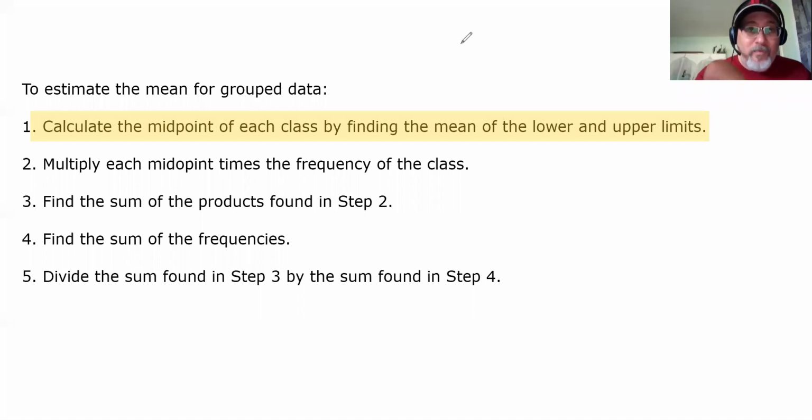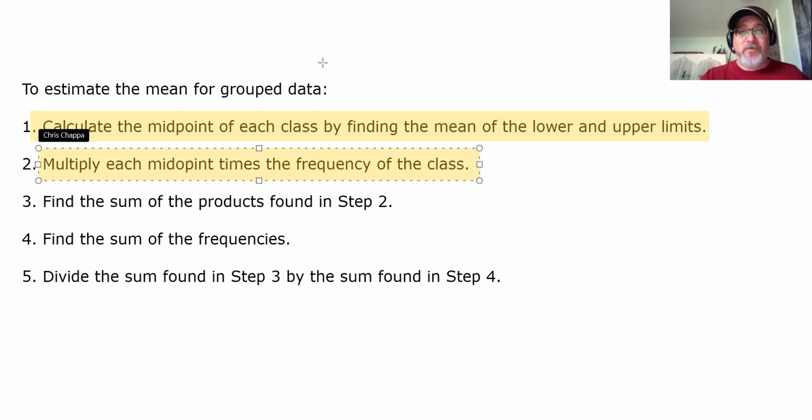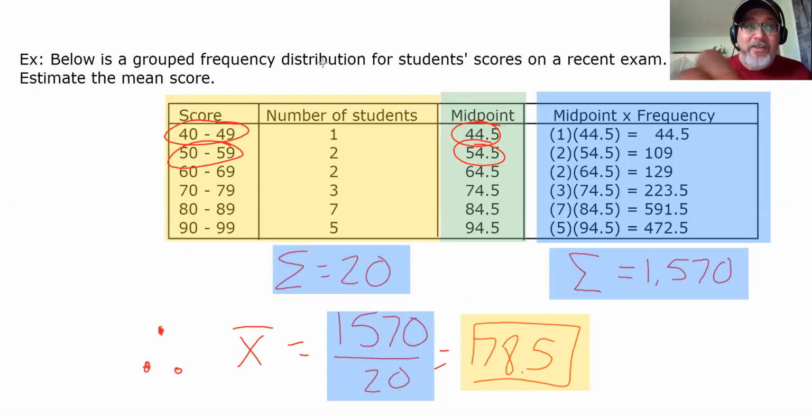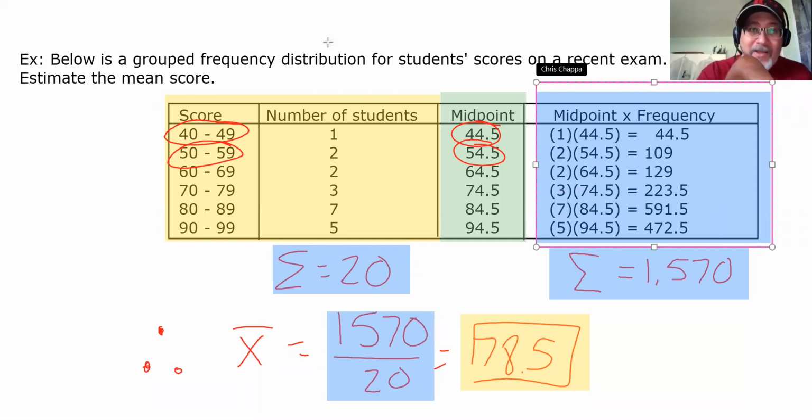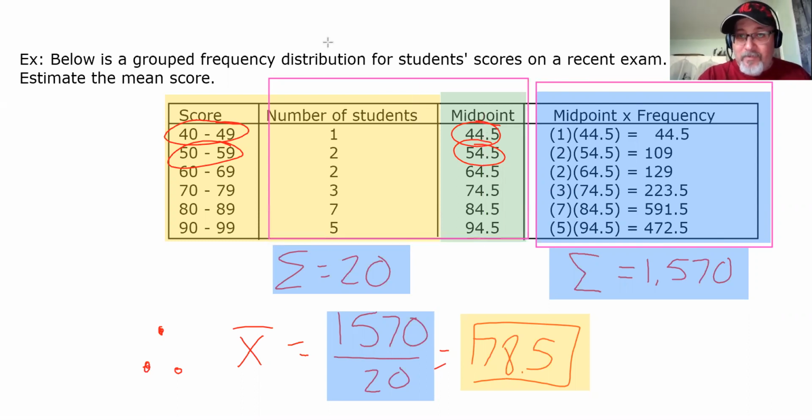Step 2, multiply each midpoint times the frequency of the class. Meaning, you calculate this column by multiplying these two columns together. Multiply straight across.